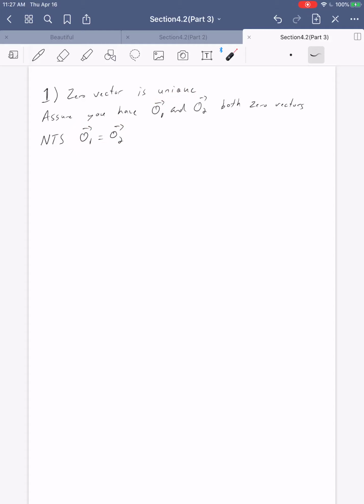Okay, so let's go ahead and do a proof of that. Since 0_1 is a 0 vector, that means v plus 0_1 equals v for all v in our vector space.